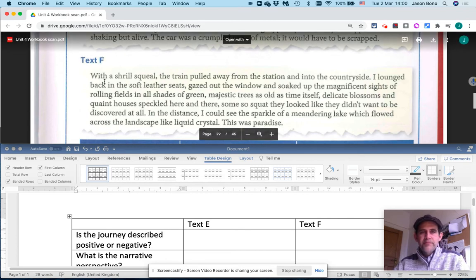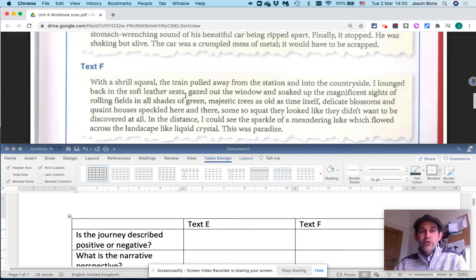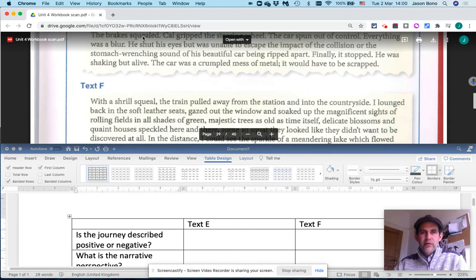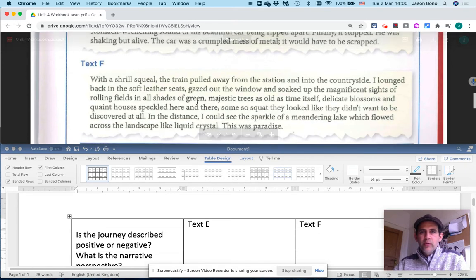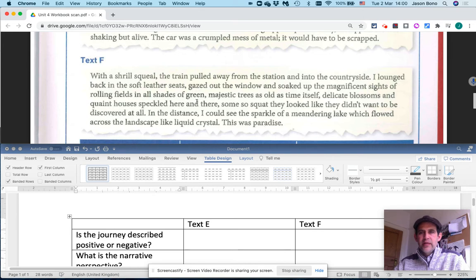Text F. With a shrill squeal, the train pulled away from the station and into the countryside.